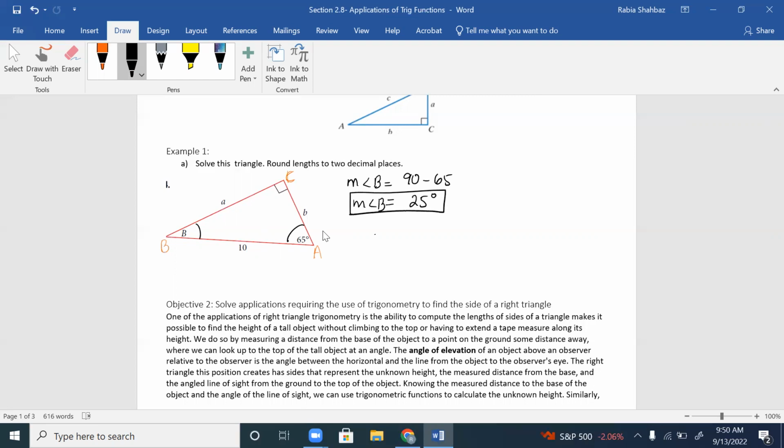Now let's go ahead and find one of the sides. We can choose any. I'm going to choose, let's say, side A first. Now for my angle 65, this happens to be the opposite side, and 10, which is the side C, is the hypotenuse. It's the side opposite the right angle.